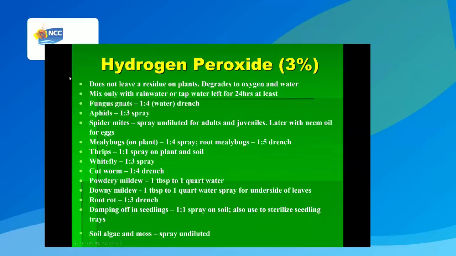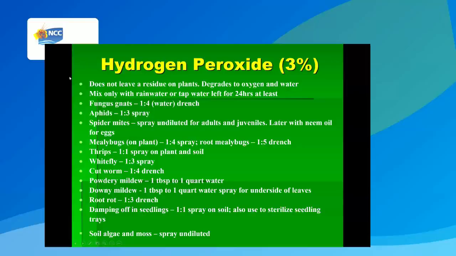Now, another organic alternative that you can use that is quite readily available and cheap is the old reliable hydrogen peroxide, the 3% type, available on most pharmacy shelves or supermarket shelves.